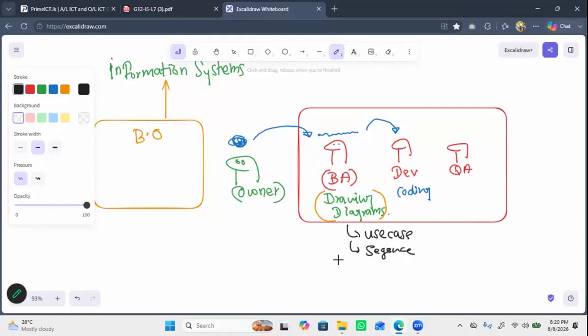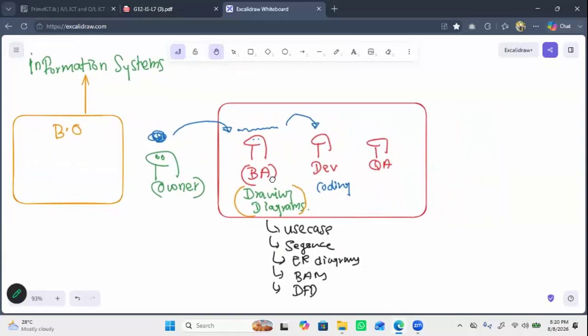He will draw ER diagrams. What else? BAM, business activity model diagrams. Also, he will draw DFD diagrams, right?